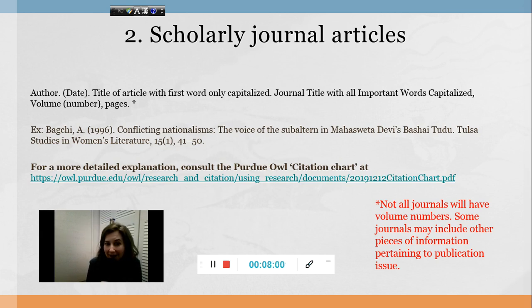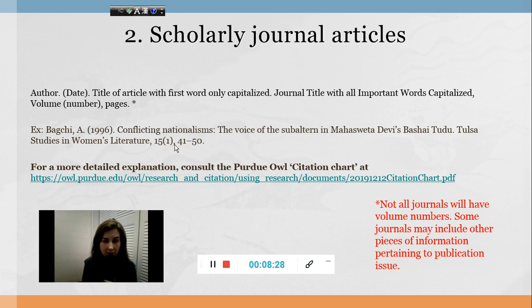Okay, so we have the author's name and the date, title of the article with only the first word capitalized, journal title with all important words capitalized. So you don't really have to capitalize prepositions or articles. Volume, the number, and pages.